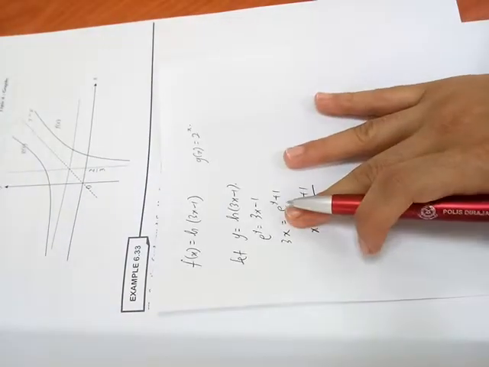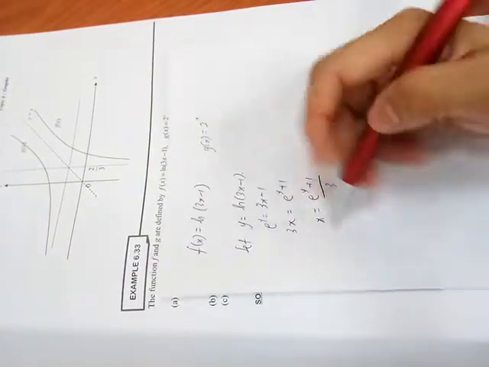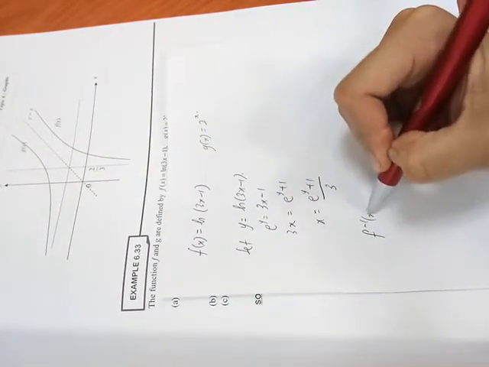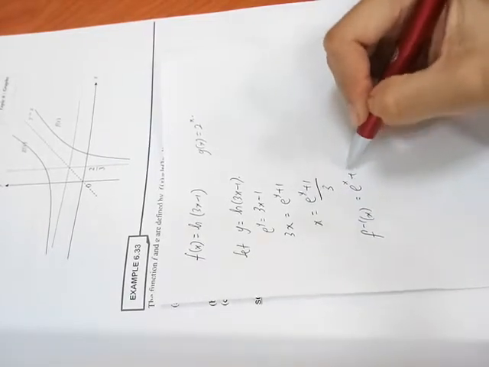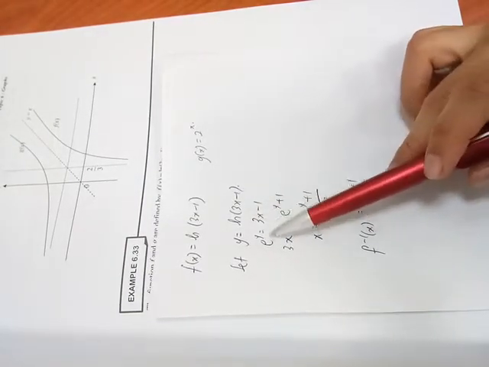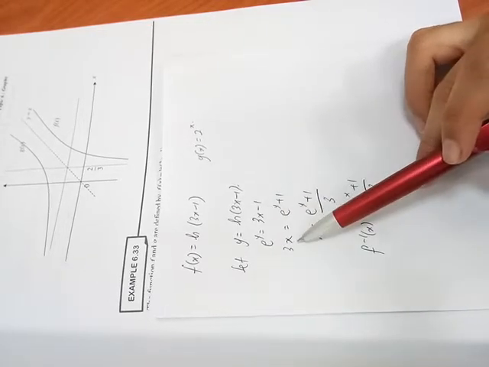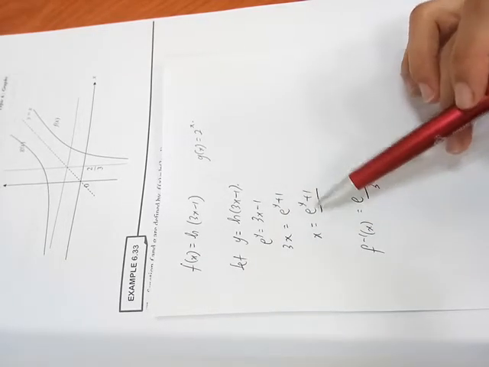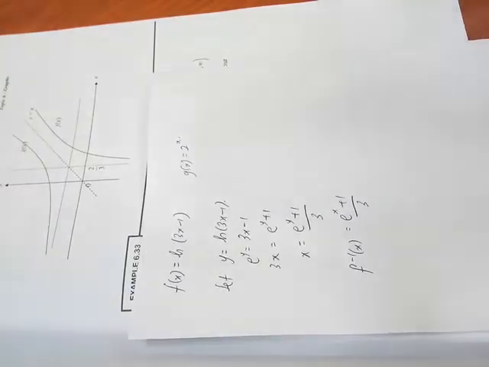And since we want the inverse function of f, this x becomes f inverse, and this becomes x. Please check. y equals ln(3x minus 1), e to the y equals 3x minus 1, 3x equals e to the y plus 1, x equals (e to the y plus 1) over 3. Okay, done.